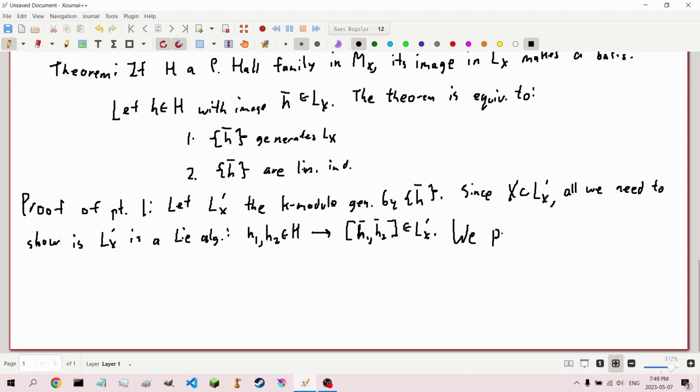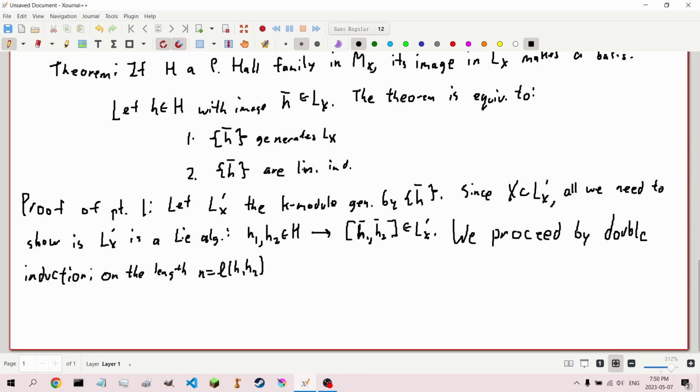We proceed by double induction on the length n, which is the length of h1, h2, so it is the sum of their individual lengths.